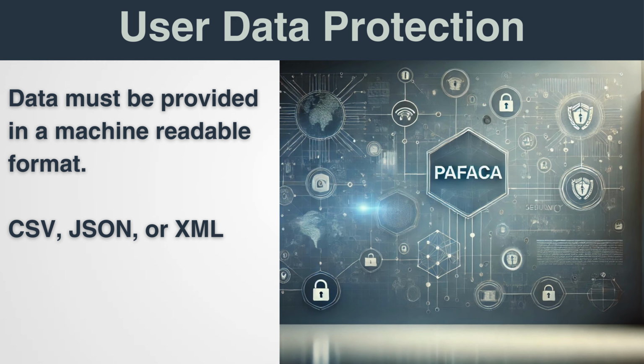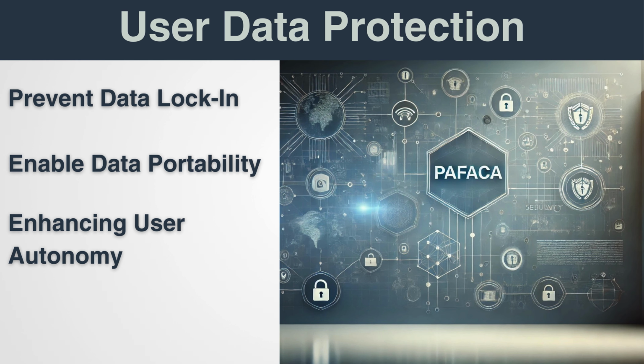This typically means a structured format such as JSON, XML, or CSV, which permits users and potentially third-party tools to migrate or analyze the data securely and efficiently. This requirement also aims to prevent data lock-in and promote portability, thereby enhancing user autonomy.